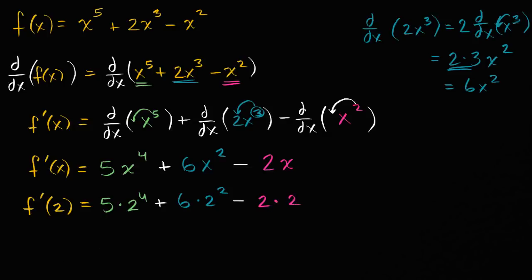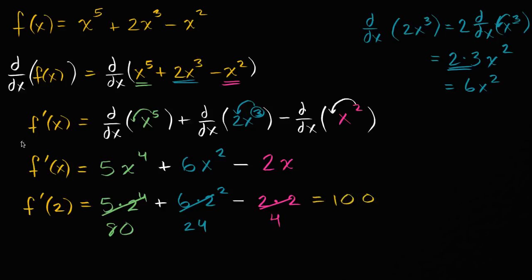And this is going to be equal to, let's see, 2 to the 4th power is 16. 16 times 5 is 80. So that's 80. And then this is 6 times 4, which is 24. And then we are going to subtract 4. So this is 80 plus 24 is 104, minus 4 is equal to 100.